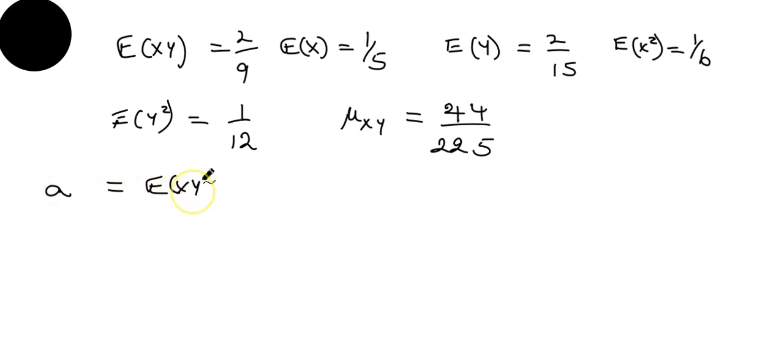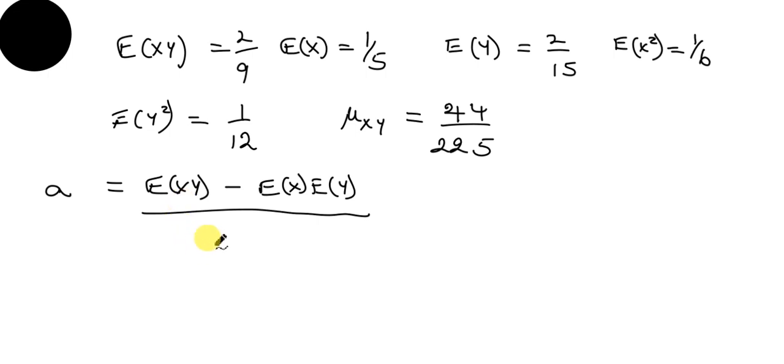Now keeping all this in mind, I need to calculate my A. A is E of xy minus E of x into my E of y divided by E of x squared minus my E of x the whole square. Look at it, the denominator is the variance term.